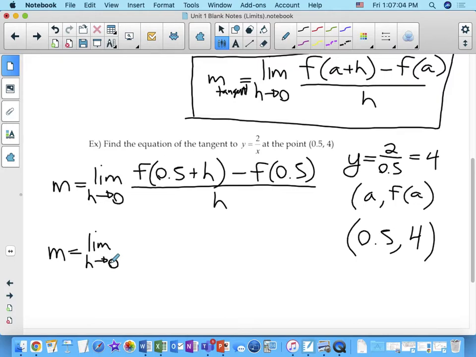Okay, so the next line is f of 0.5 plus h. We've actually got to plug that into the function, right? So this first piece is going to be 2 over 0.5 plus h, minus f of 0.5, we know what that is, that's 4, over h.